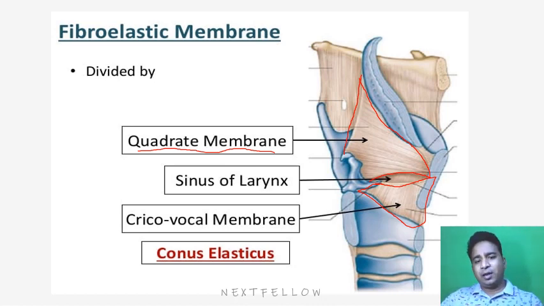So got an idea how the conus elasticus is forming the cricovocal membrane, and the area between, I'll mark it in yellow. This area is known as the sinus of the larynx. I hope you have some idea how these membranes are formed.